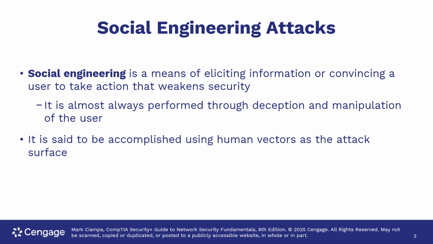So let's start off with social engineering, which is a means of eliciting information or convincing a user to take action that weakens security. In a little bit, we'll talk about concepts like phishing attempts and things like that.